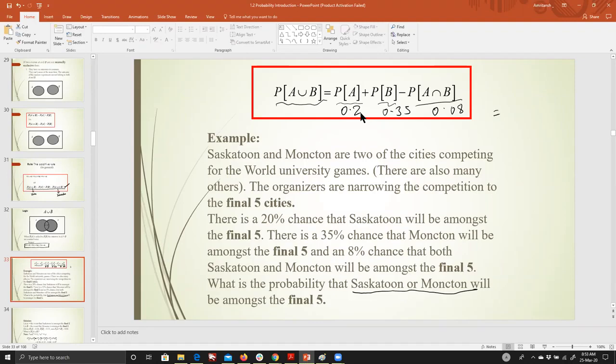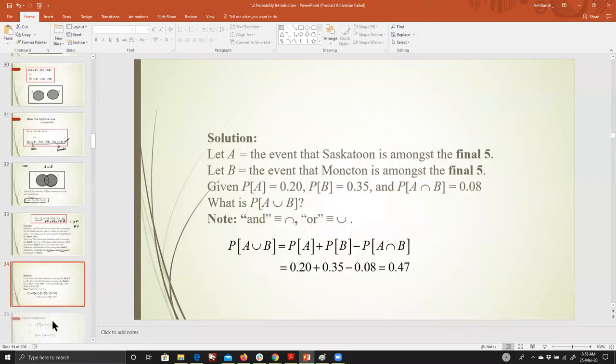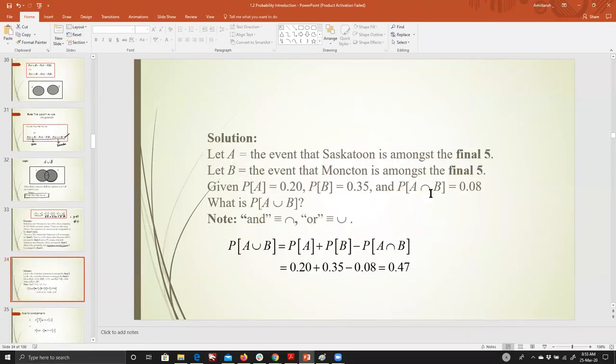So this is plus, this is minus. What is the value? 0.47. Okay, 0.47 or 47%. If anyone is unsure of maths, this is how it will go. You have to define, let A be the event that Saskatoon is among the final 5.